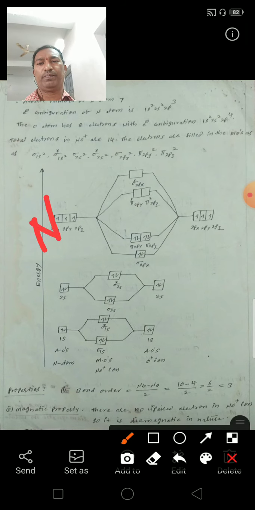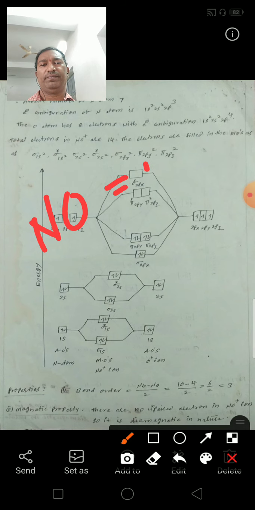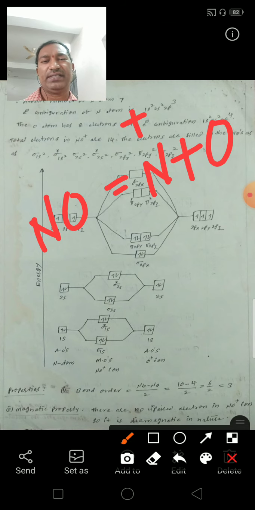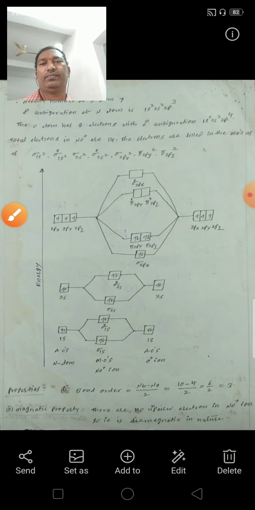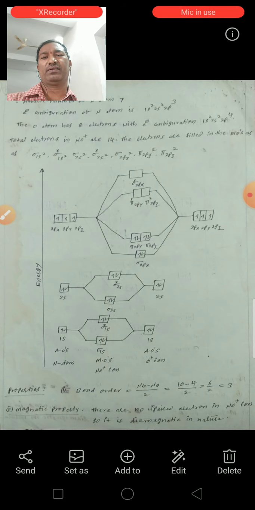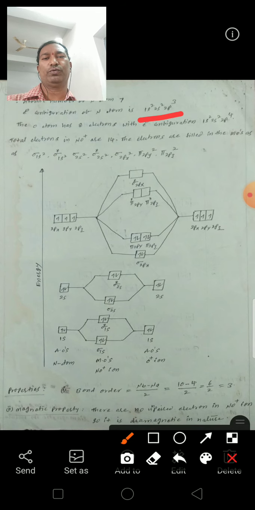The NO plus molecule is formed from nitrogen plus oxygen, N plus and oxygen. So see here, the nitrogen atomic number is 7. The electronic configuration of the nitrogen atom is 1s2, 2s2, 2p3.